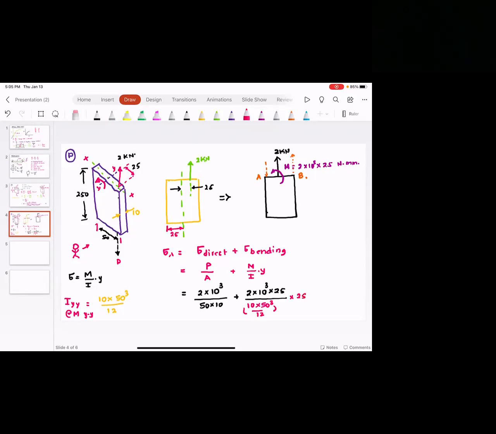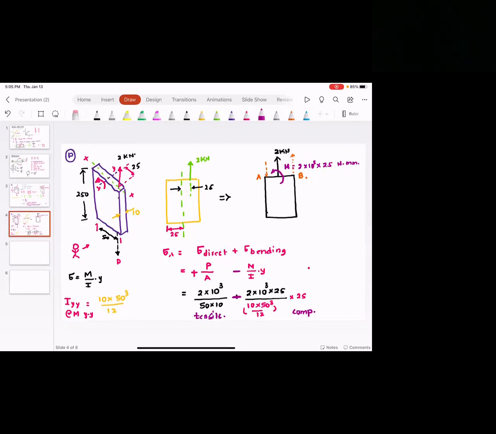But it is important to note that the bending stress is compressive and the direct stress is tensile. That's why it has a positive sign, and the bending stress is going to be negative because it's compression. So this is compressive, and this is tensile.